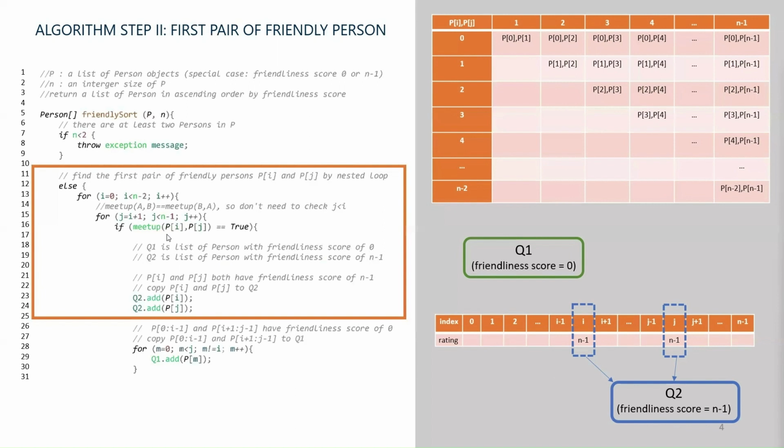If meetup(Pi, Pj) returns true, that means both Pi and Pj have friendliness score of n-1. They are both friendly to everyone else. So after we found this first pair, the iteration will be terminated. Then we'll copy Pi and Pj to Q2.